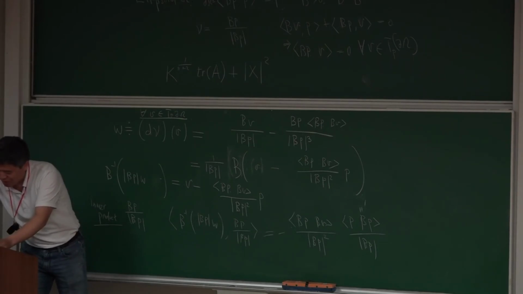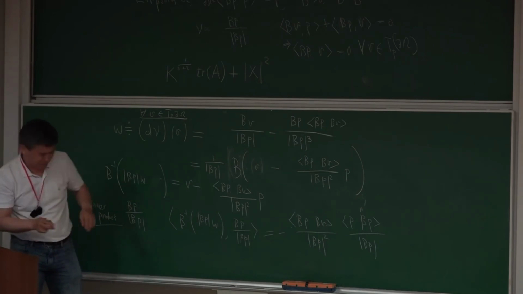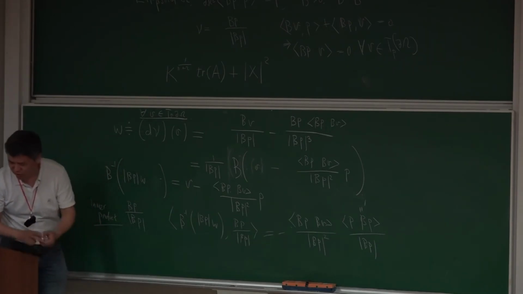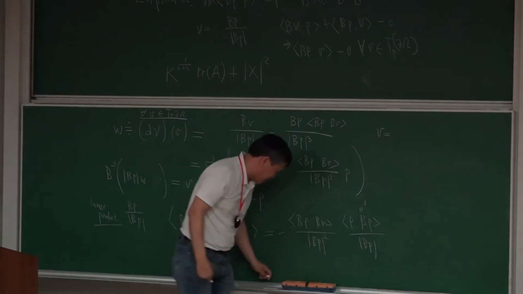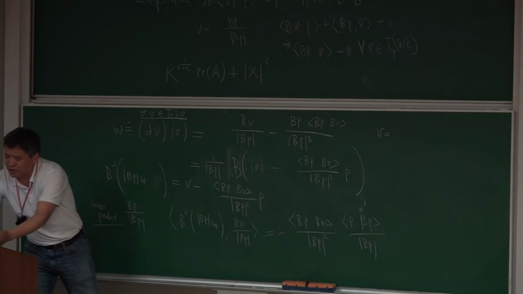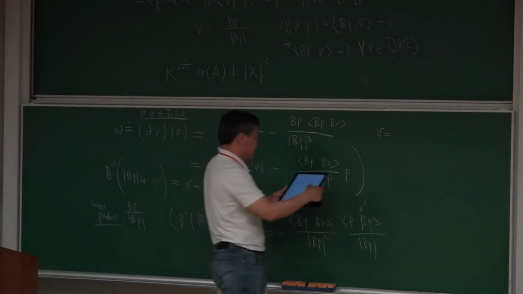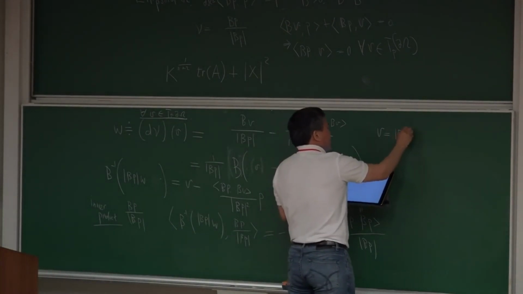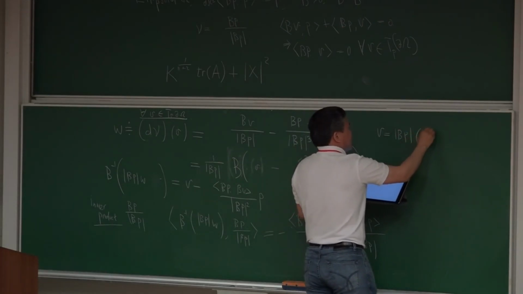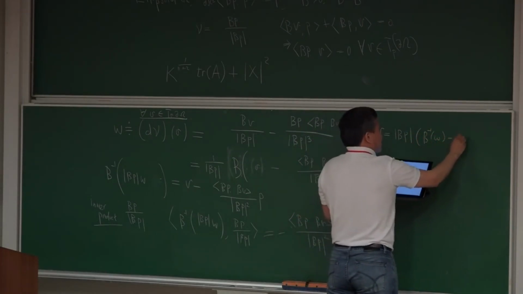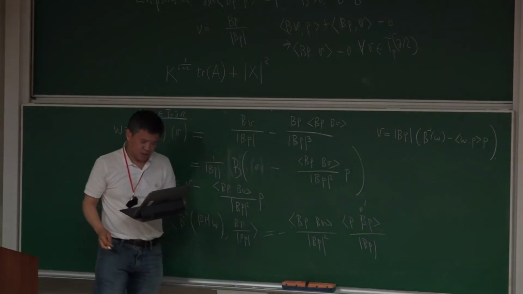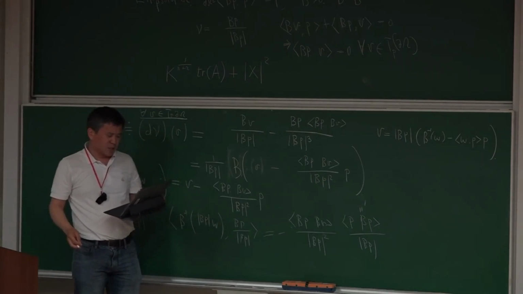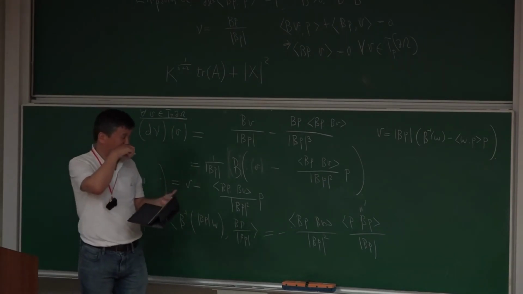Once you have the inversion formulas, I can show you what they are. Basically, you can write out the inverse of the second fundamental form for the ellipsoid case, which is BP B inverse W minus WP and P. So that is the inversion formula.